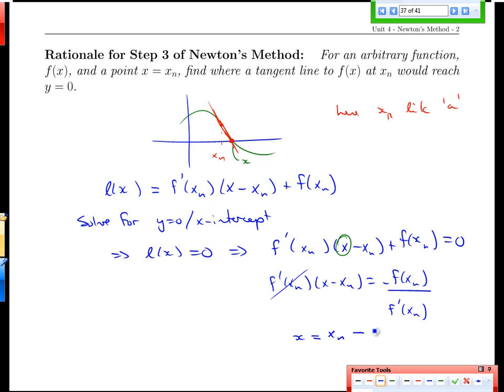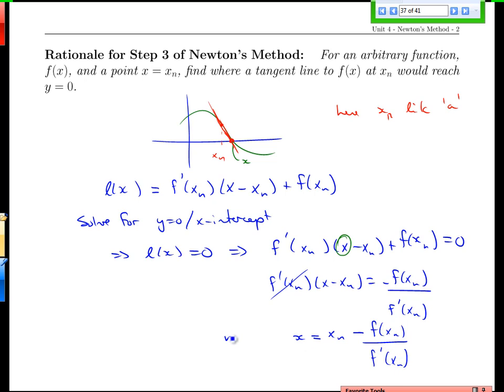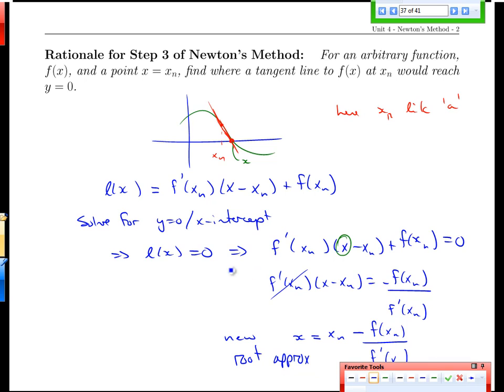It becomes positive. And so this is our new x root approximation: our old one minus the function value divided by the derivative. That's not obvious, but it comes directly from solving for the location where the tangent line is going to have its root, or x-intercept.